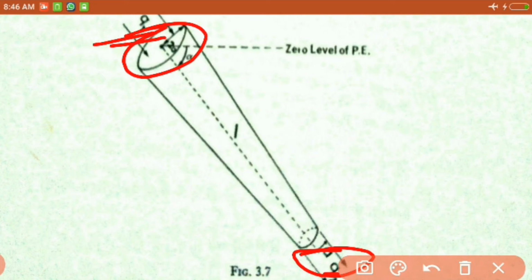The radius of the pipe at the entry level is 2A, and at the exit level the radius of the pipe is A.